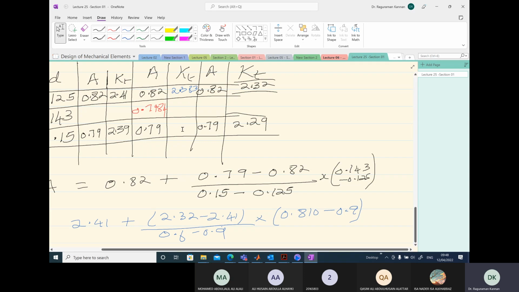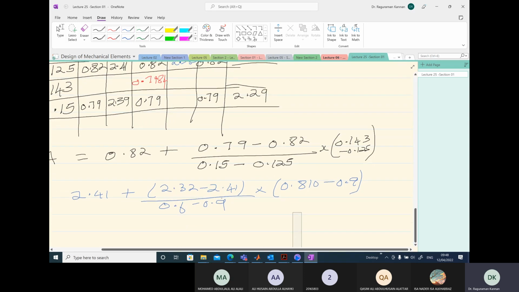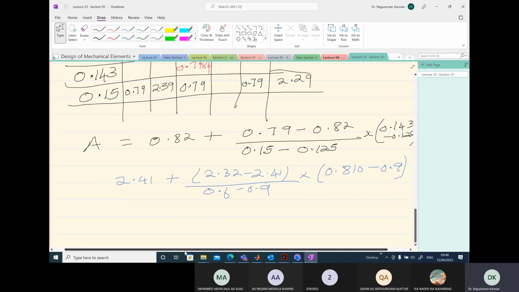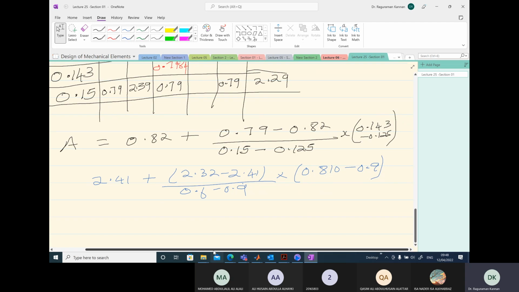Okay. Again, we need to find, for this case, what is the equation? We write 2.39 plus (2.29 minus 2.39) divided by (0.6 minus 0.9) multiplied by (0.810 minus 0.9).